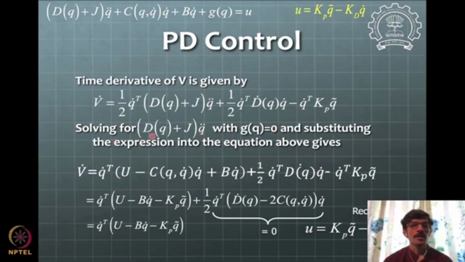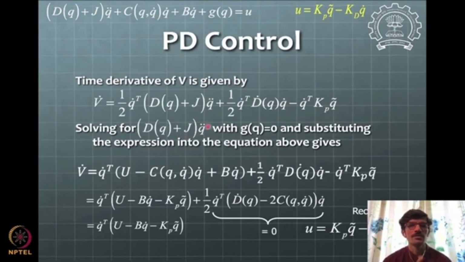Now, solving for this, we know from the equation of dynamics that D q double dot, this part of the term, will be equal to this whole thing shifted to the other side and substituted for u.